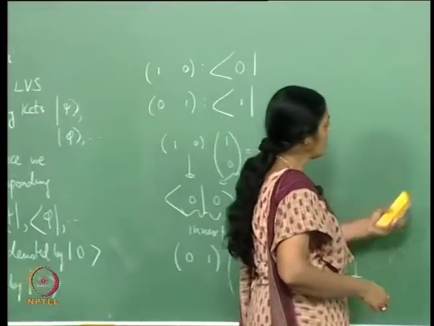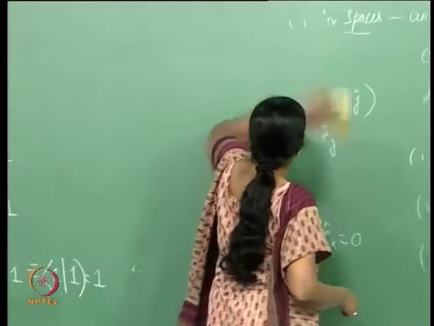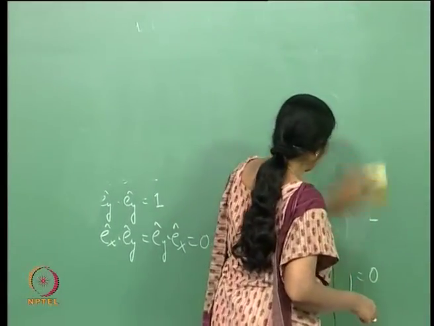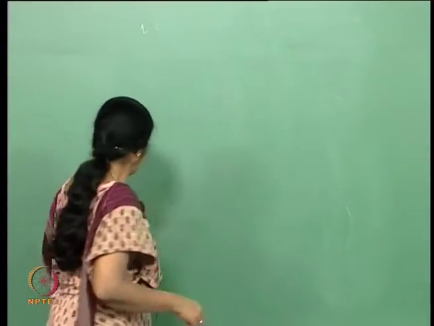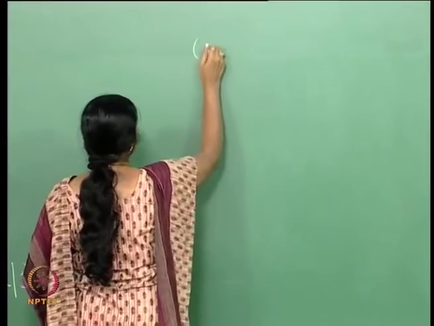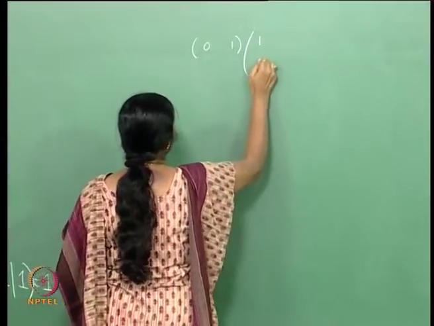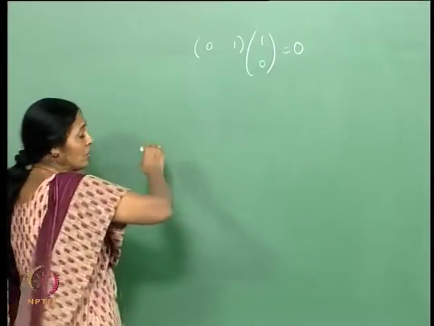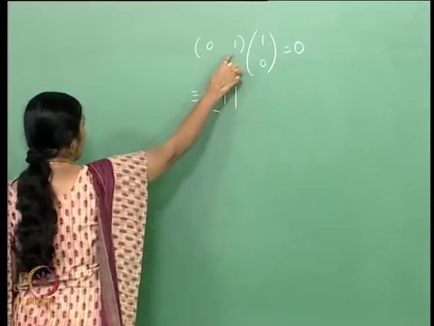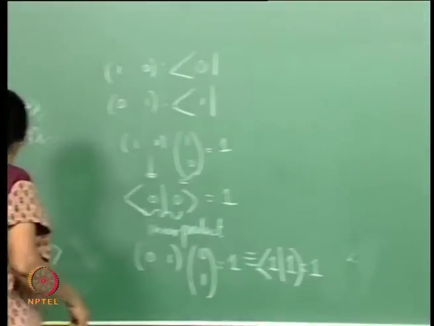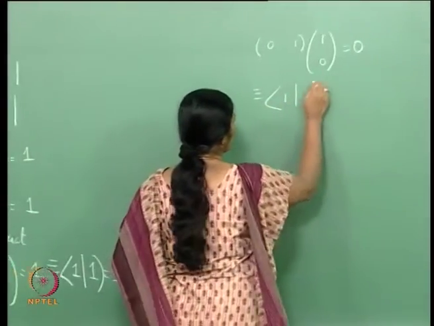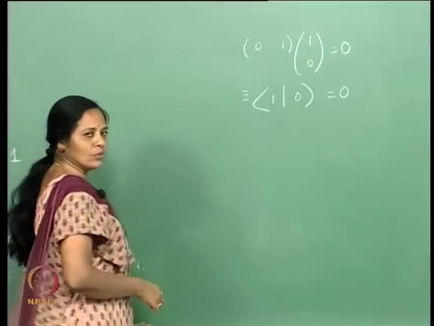And then of course, I need to worry about the fact that 1 0 and 0 1 are orthogonal to each other. I denote it in the following fashion. So, 0 1 with 1 0 is 0, that is identical to a bra, and since 0 1 is represented by bra 1 and this by ket 0, that is 0.